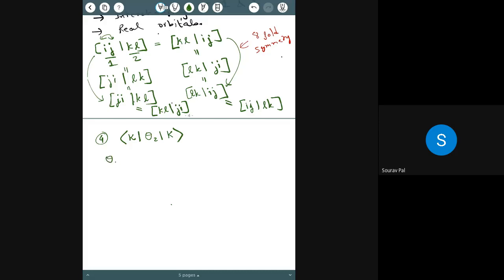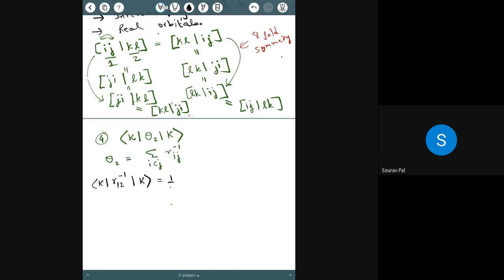And theta 2, if you remember, this is a sum over all unique pairs of electrons. Okay. So let's work this out. So I'm not writing the K again. I guess you remember. So K R12 inverse. This is again for the 2 electron case.